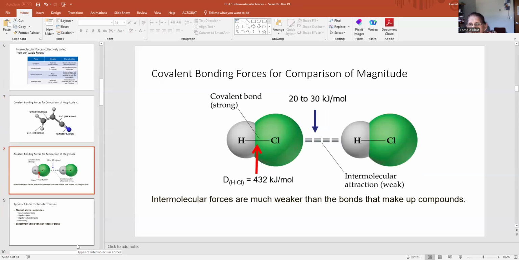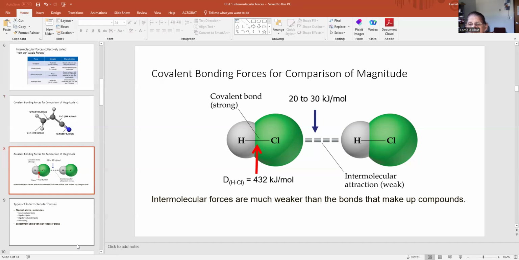For the covalent bonding forces, in terms of magnitude, we see that the covalent bond between the hydrogen and chlorine in the HCl molecule is strong, requiring 432 kilojoules.